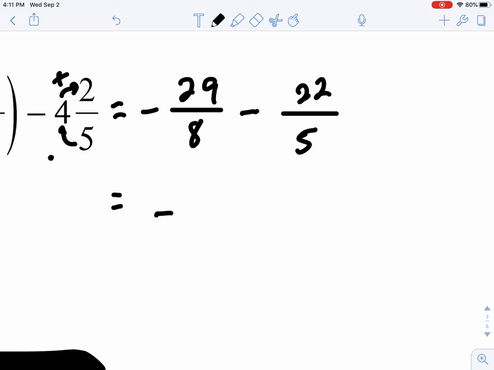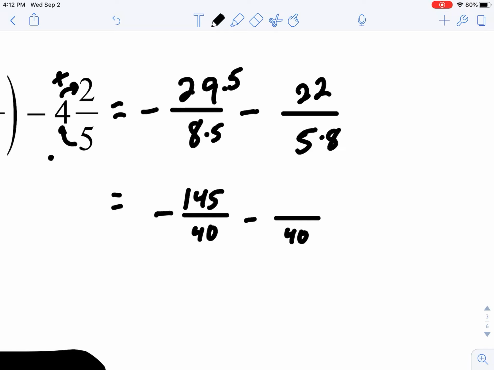So negative fraction over 40 minus fraction over 40. This one's times 5, so therefore I have to multiply that times 5. 29 times 5. Well, 30 times 5 is 150. So this has got to be 145. This one I have to multiply by 8. 5 times 8 is 40, so I've got to multiply that by 8. 22 times 8.